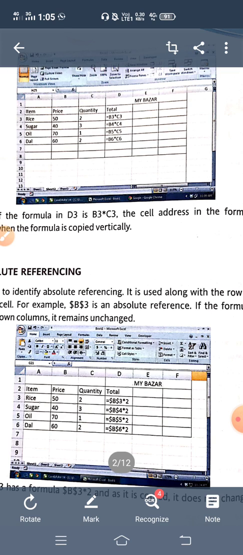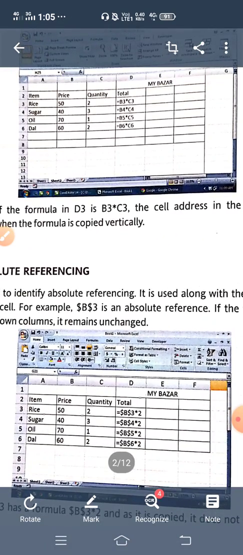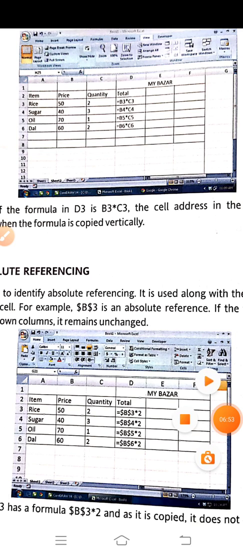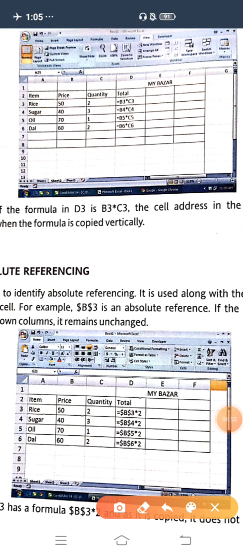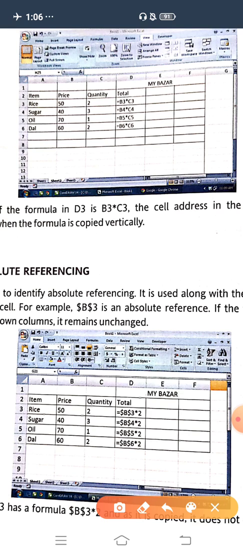Now let us see. Here you can see in this table we have to calculate the total. Remember that each and every formula always starts with an equals to sign. First of all, what do we always have to give here? We have to give the equal to sign, as they have given in the first one: is equal to B3 into C3.